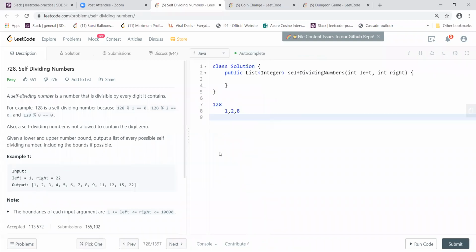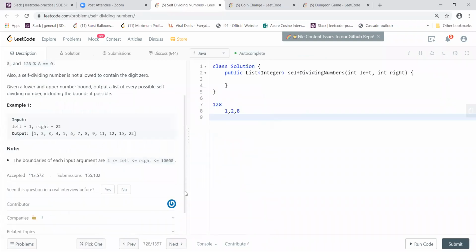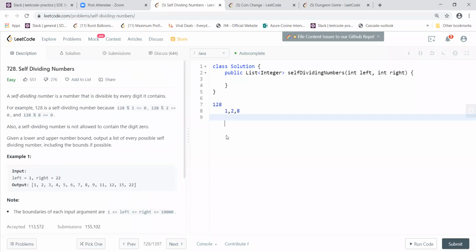The boundaries of the left and right bound are that it can start from a minimum of 1 and go to a maximum of 10,000. So it's very simple, and that is what the whole problem statement is about.